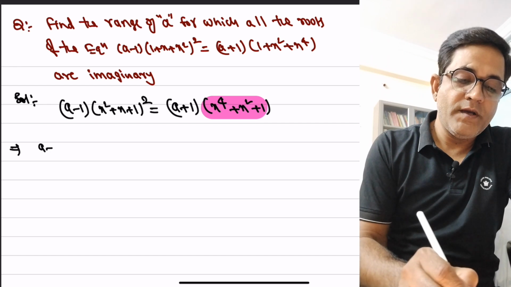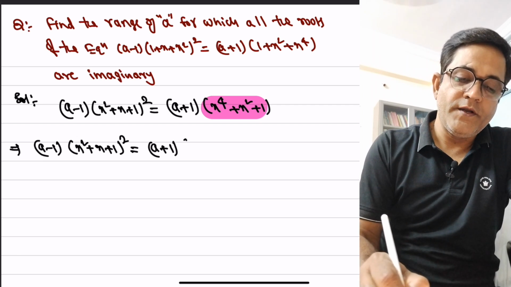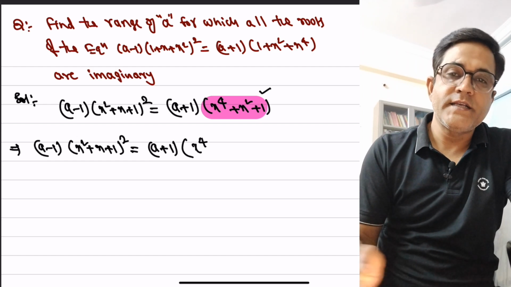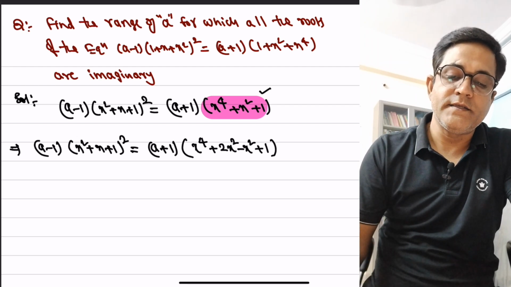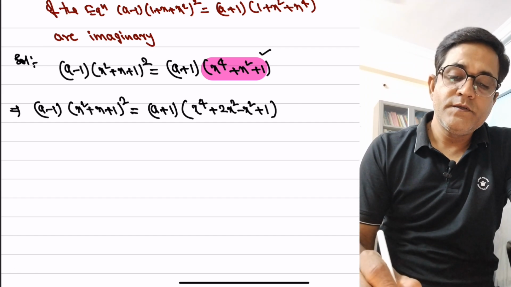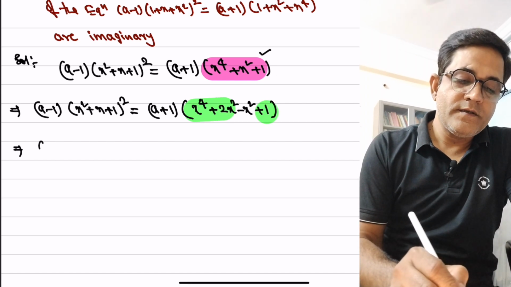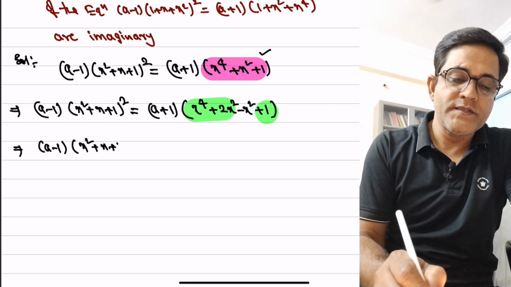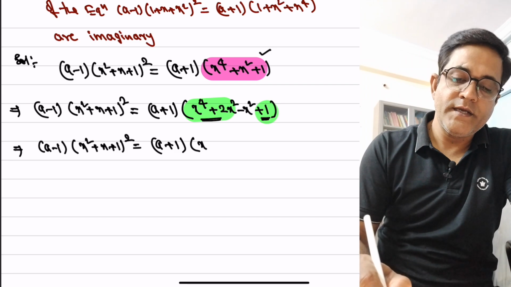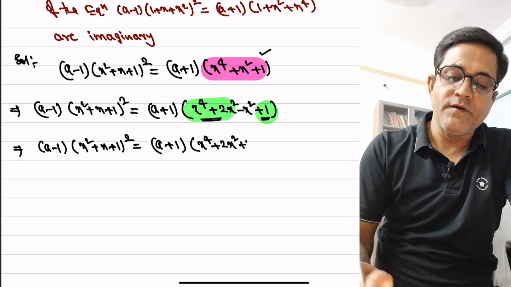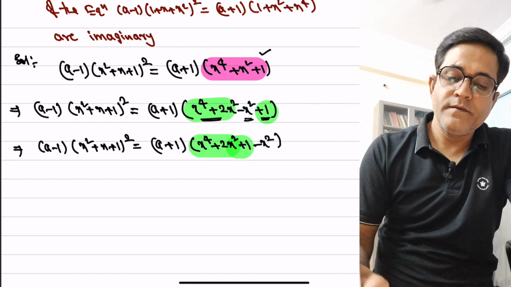This is (a − 1)(x² + x + 1)² = (a + 1) times, to factorize this, x⁴ plus x², which can be written as 2x² − x² + 1. In the next step, we rearrange the terms: you club these three terms, x⁴ + 2x² + 1, minus x². Like that you write.